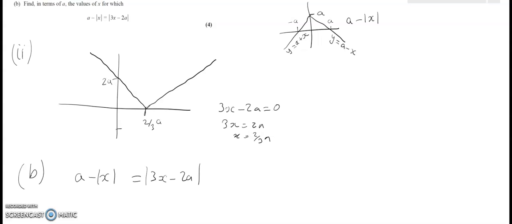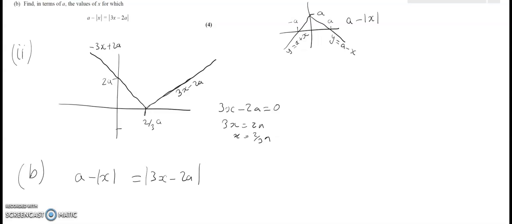So if I go back to what I did for part I, for part II, this right hand leg was part of the original, so that was just 3x minus 2a. Now the left hand leg was a reflection of the line. In order to reflect it in the x-axis, we multiply all the y coordinates by minus 1. So it's going to be minus 3x plus 2a.